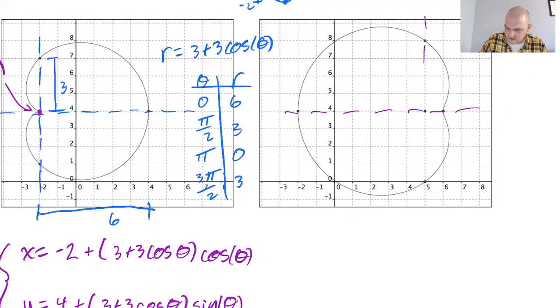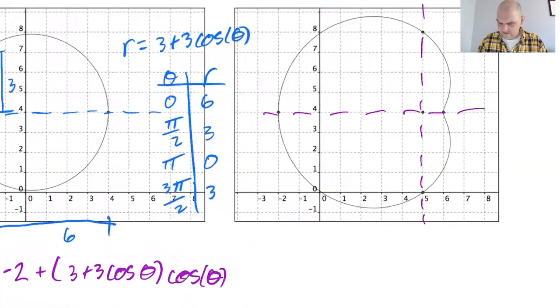Off the top of my head, I know that this is going to be a negative cosine. I know that the constant is going to be bigger than the coefficient because there's no inner loop. But I'm going to work it out the way that I have been working it out, where I'm going to make a table of values.